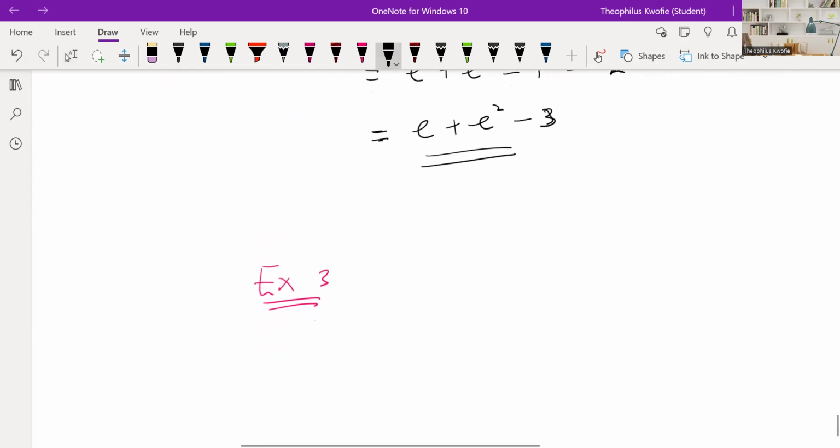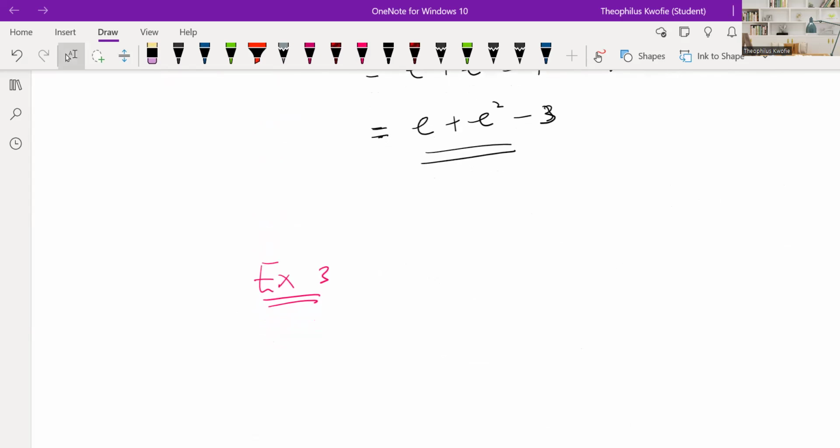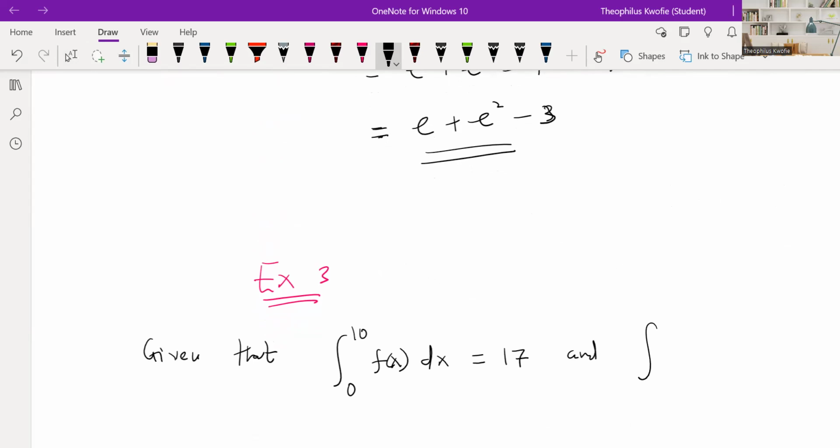So given that the integral of this particular problem is 17, and the integral from 0 to 8 of f of x is equal to 12.